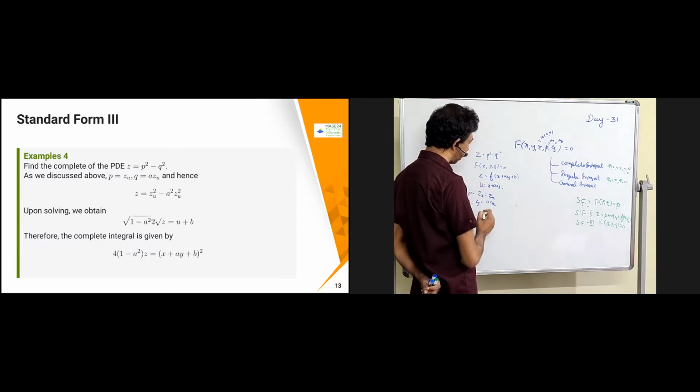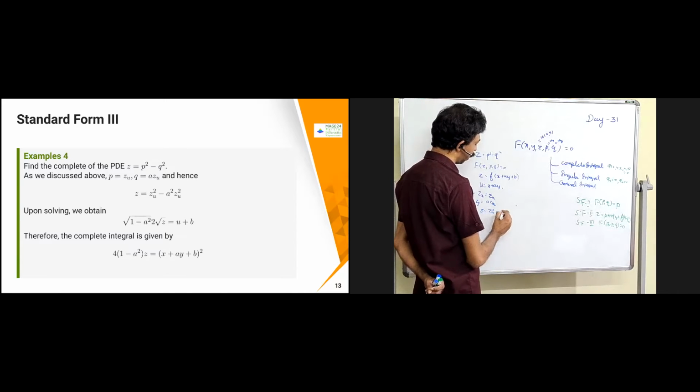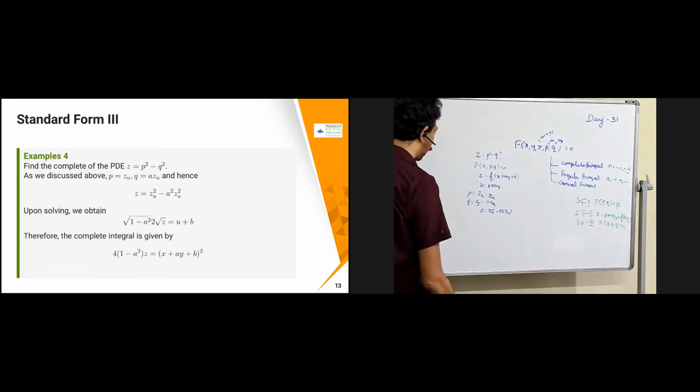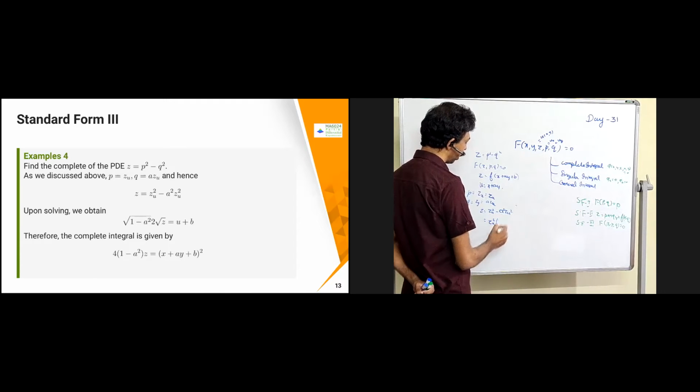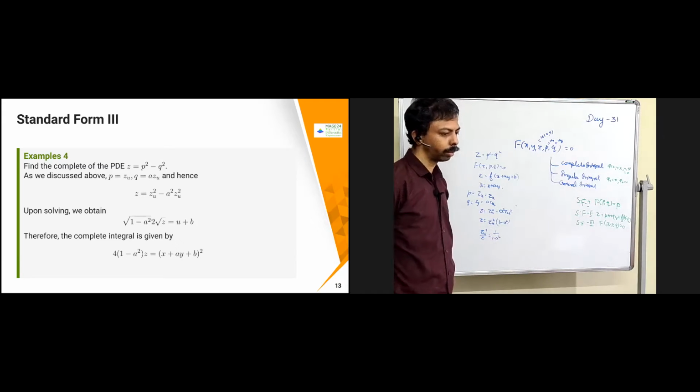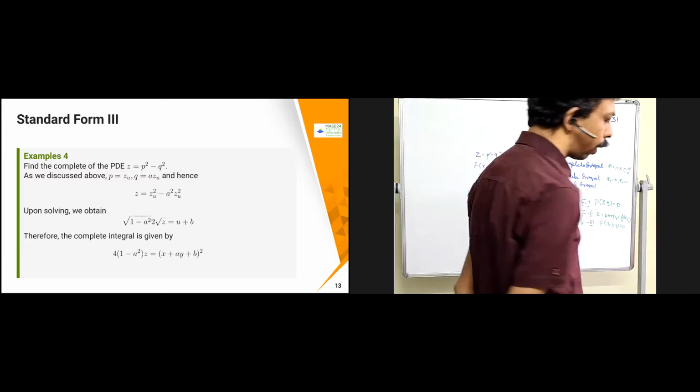Therefore, if I substitute over here, z equal to z_u squared minus a into z_u whole squared. If I take z_u squared common, this is going to become 1 minus a squared, and this is nothing but z. Therefore I can put z_u squared divided by z equal to 1 by 1 minus a squared.